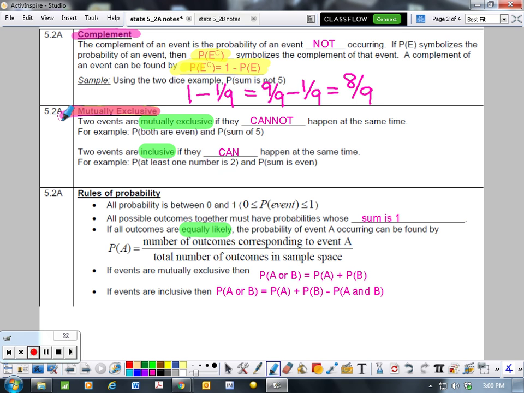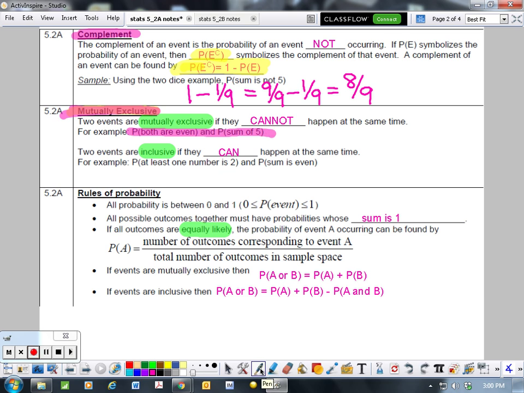Why? Because if they have to add up to 5, one of the numbers has to be odd. If you're looking at 2 and 3, they add up to 5, and 3 is your odd number. If you're looking at 1 and 4, 1 is your odd number. So there's no way that both of these can occur at the same time.